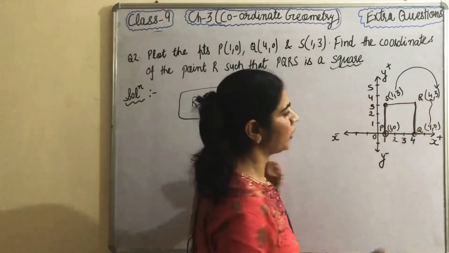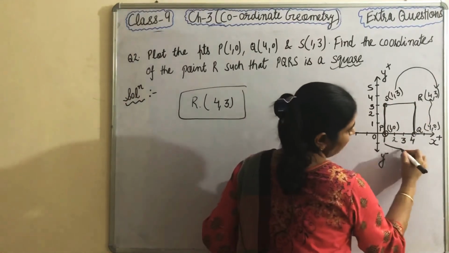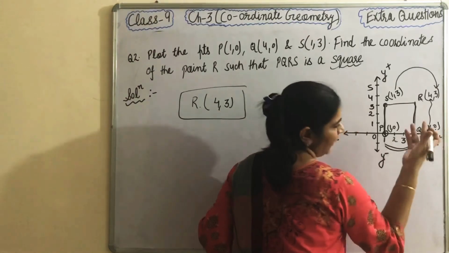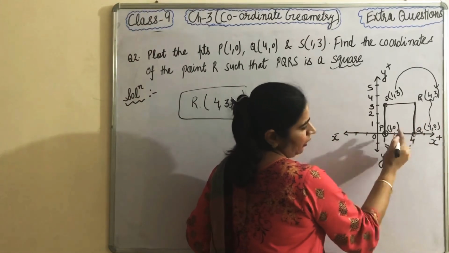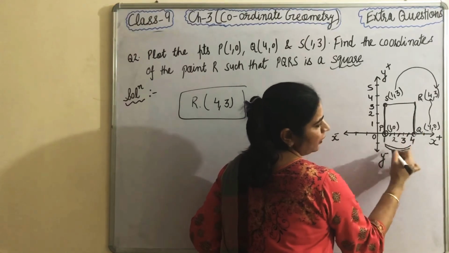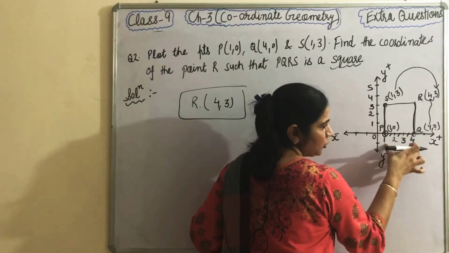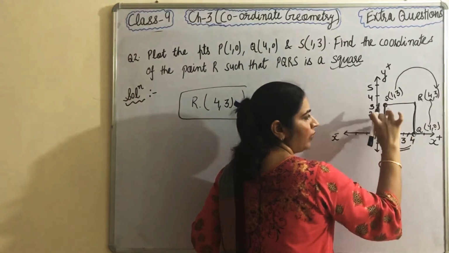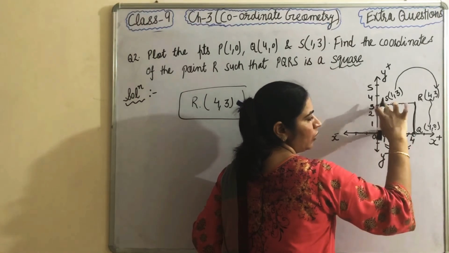Since it is a square, the sides will be the same length: 1 unit, 1 unit and 1 unit, so the total length is 3 units. You can check from here, or from here also: 1, 2 and 3. This is 3 units.